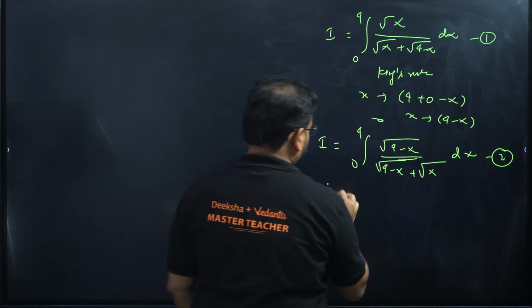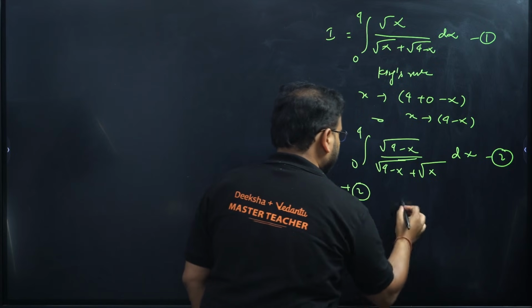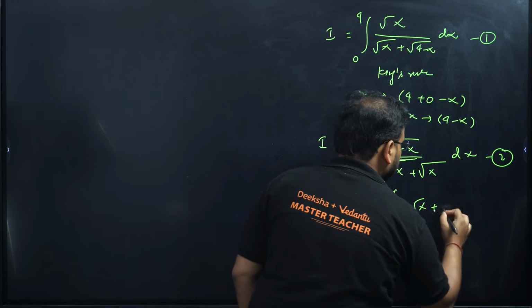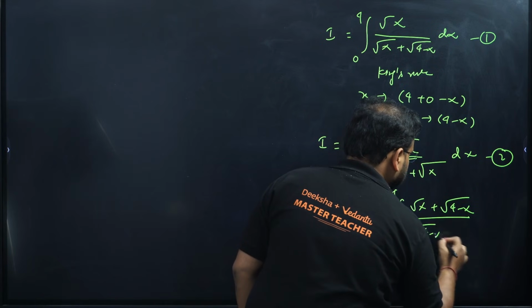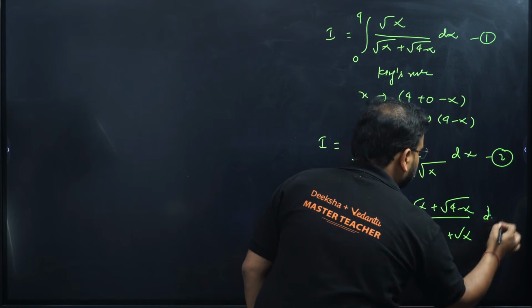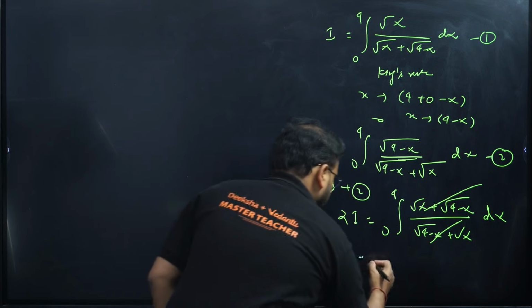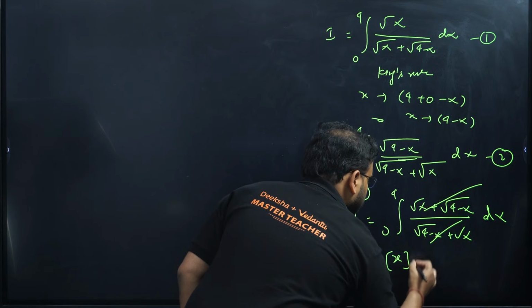Add 1 and 2. If you add 1 and 2, you'll get 2I equals the integration 0 to 4 of root x plus root of 4 minus x divided by root of 4 minus x plus root of x, dx. This whole thing is cancelled, right? So integration of dx will become x, from 0 to 4.